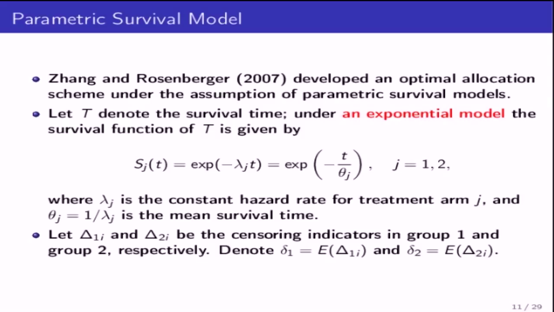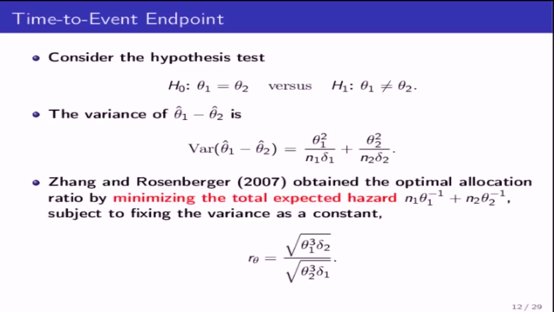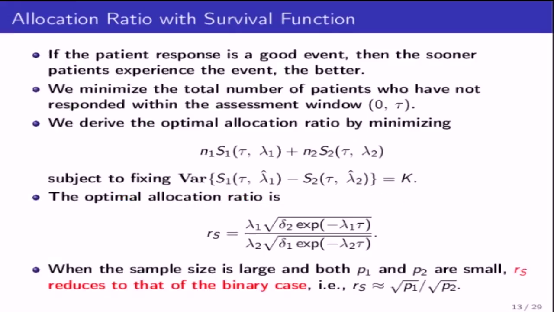Based on this simple exponential model, we can minimize the total expected hazard, because in survival analysis, hazard is typically what we care about. We try to minimize the total expected hazard while fixing the variance of theta hat 1 minus theta hat 2, so that you can obtain an optimal allocation ratio, which I call R theta here. That's what people have done using time to event skills.